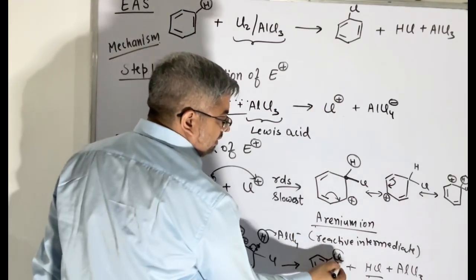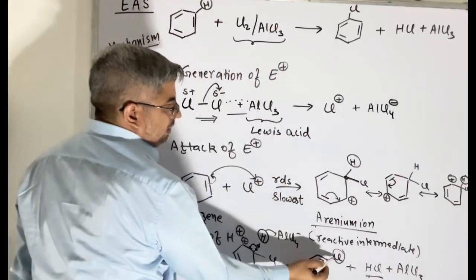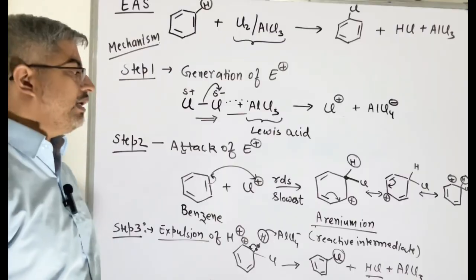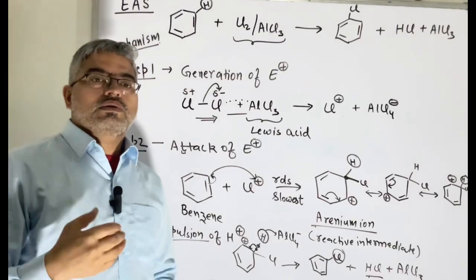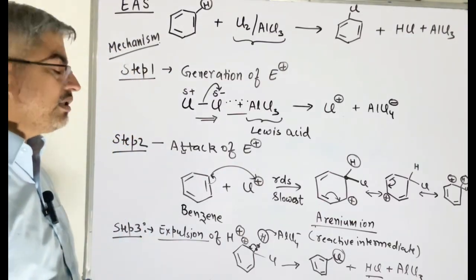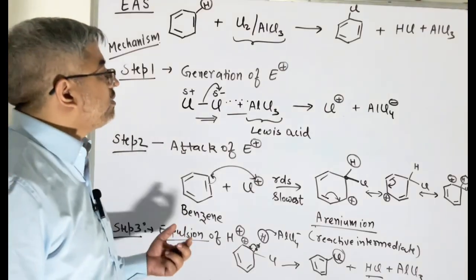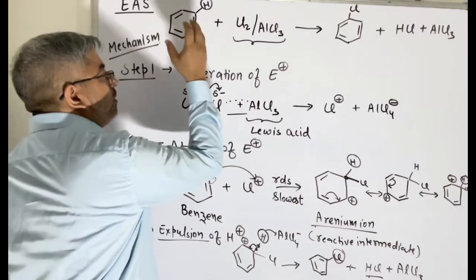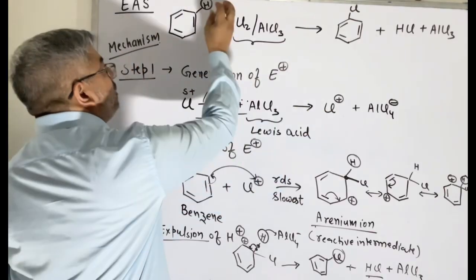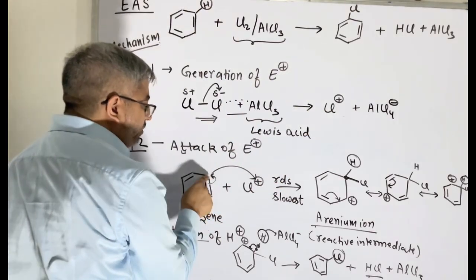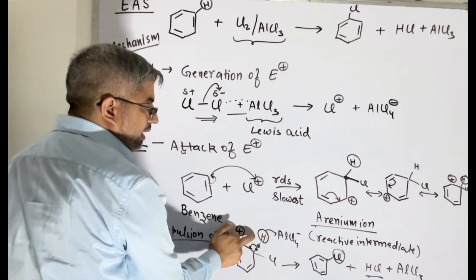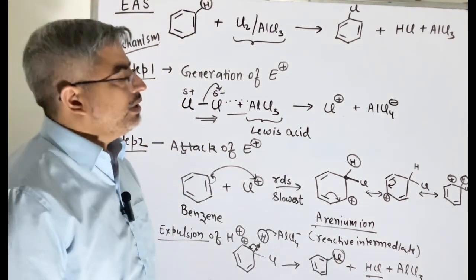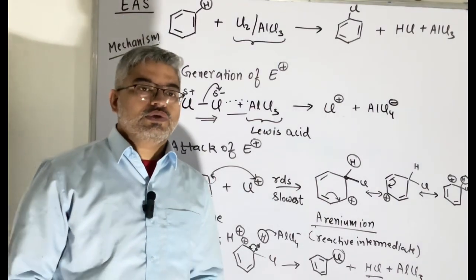So ultimately this H plus is substituted by Cl plus. An electrophile is substituted by another electrophile. That is why we call it electrophilic aromatic substitution. On an aromatic compound, an electrophile is substituted by another electrophile coming up. Therefore overall it is electrophilic aromatic substitution.